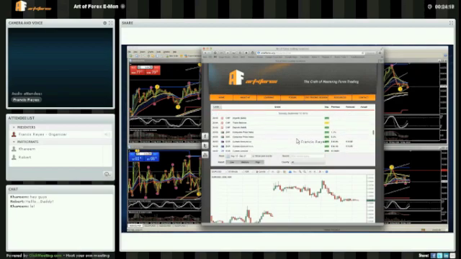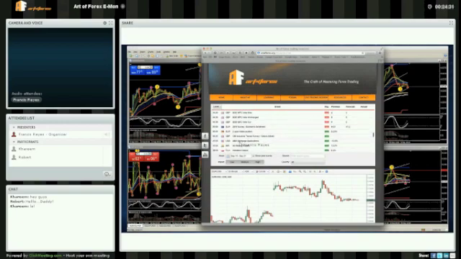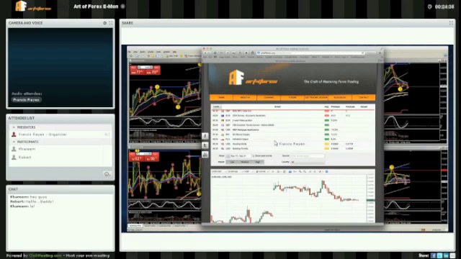Then Wednesday we start seeing different news coming out from Europe. We also see the bank minutes from England, which are going to move the market a lot. At 7 o'clock we have some low-impact news from the U.S., and at 8:30 we have housing starts and building permits, which will also indicate how the market is doing.